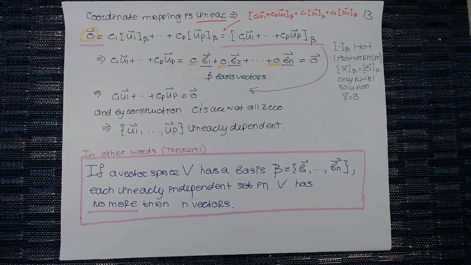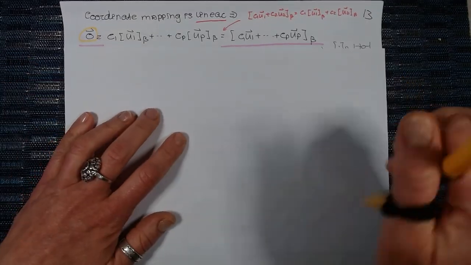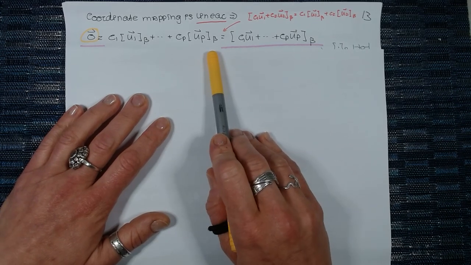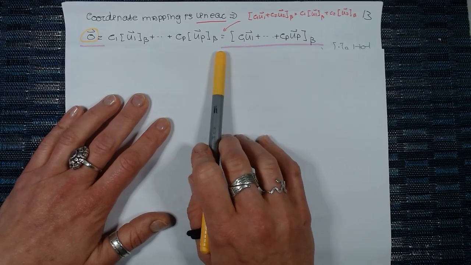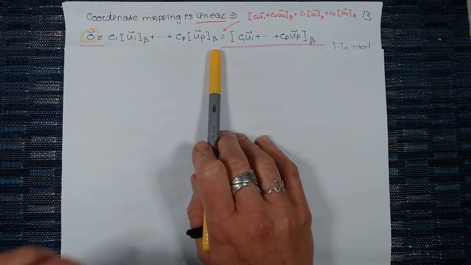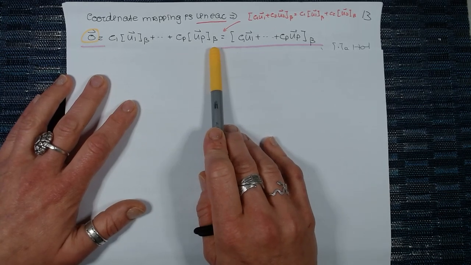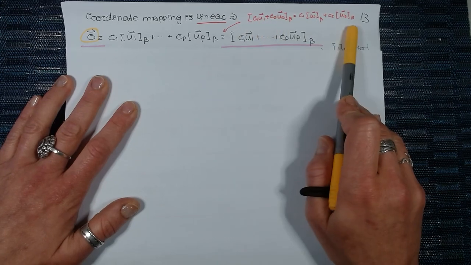And so from here we can go further and again write down my linear dependence relationship. I know that such constants exist that are not all 0. Then I also know from the previous class that my coordinate mapping is a linear mapping, which means that my linear relationship holds.